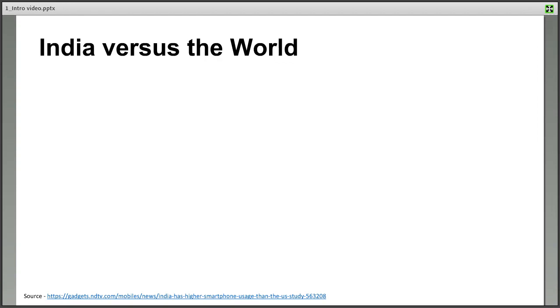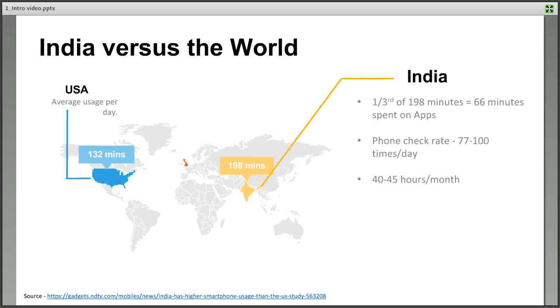Going ahead, let us understand where India stands with respect to the world when we talk about digital penetration or the strength of digital marketing. In the US, the average usage per day for any average person is 132 minutes. This is the usage of internet per day.